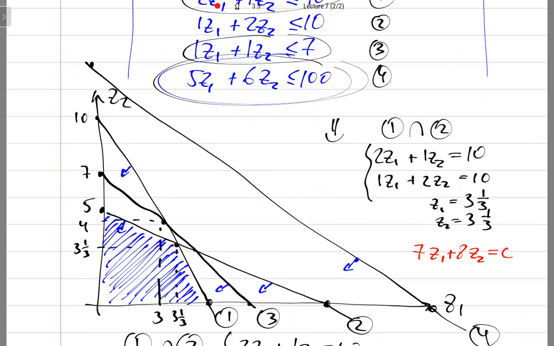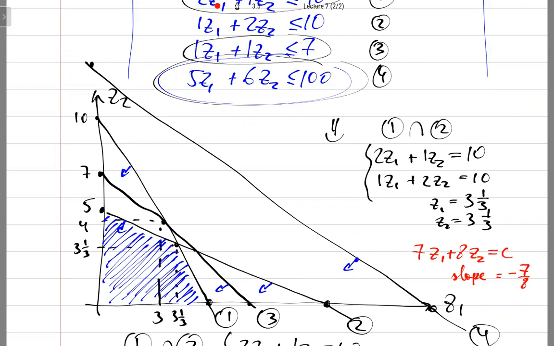So these level curves are straight lines, and the slope of these lines is equal to -7/8. So basically, the slope is roughly -1, a little bit less by absolute value than -1.